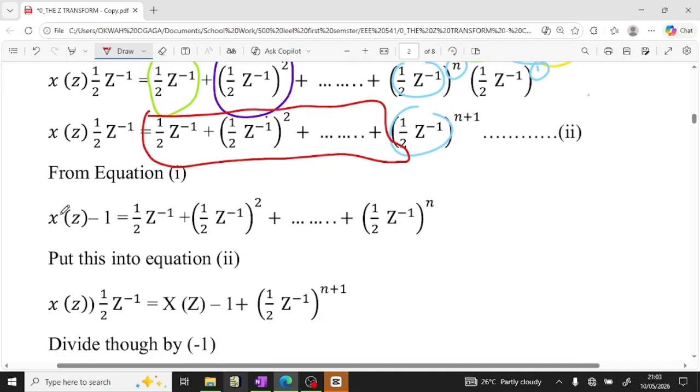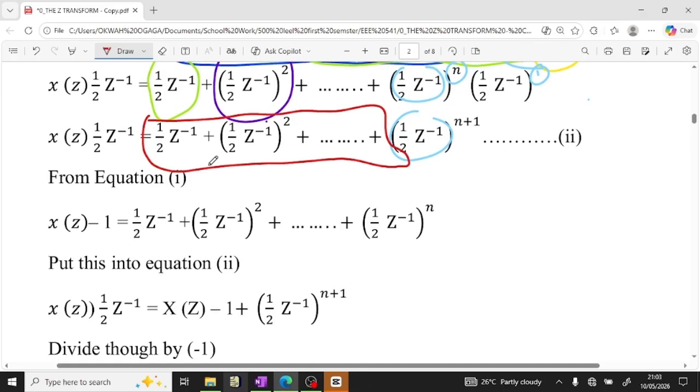So you can put this whole expression, put this equation, into equation 2. Now look at equation 2. Okay, so this is equation 2, Abby. This, look at it, this equal to what? X of z minus 1, correct, that's correct. So meaning that x of z minus 1 equal to everything here, Abby.